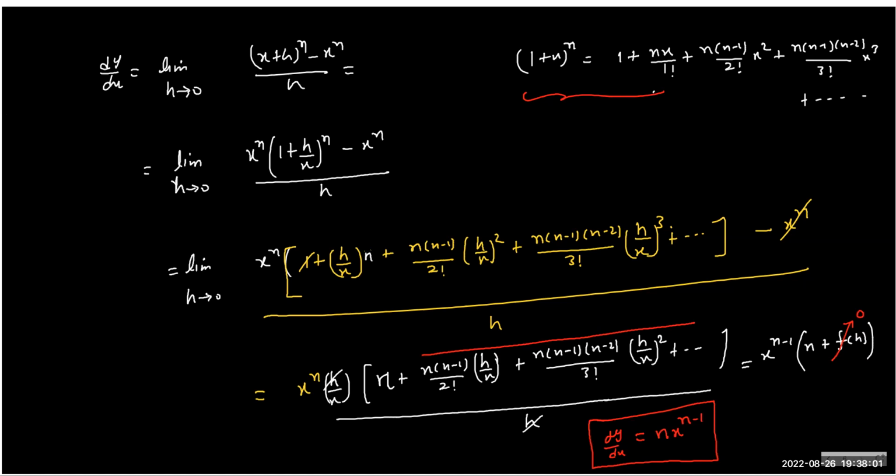Now, generally, when we study calculus for the first time, it is given as a formula. But I'll say that you should start by doing it as a limit. At least do a few questions and you will realize that it's really interesting. So dy by dx turns out to be n x^(n-1).